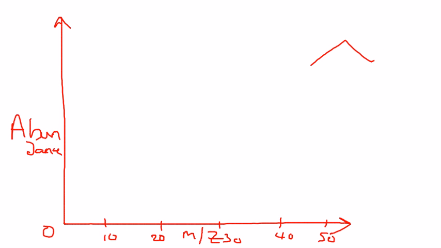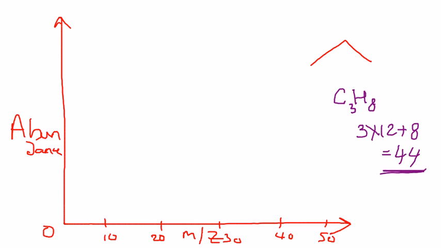Suppose my molecule is propane. Propane is my molecule, so that's C3H8, and that means 3 times 12 plus 8, which is 44, is your molecular mass. That means that you will see a molecular ion, so this is 44, maybe somewhere around here. That may or may not be the largest peak.